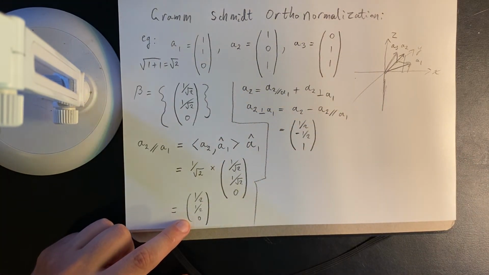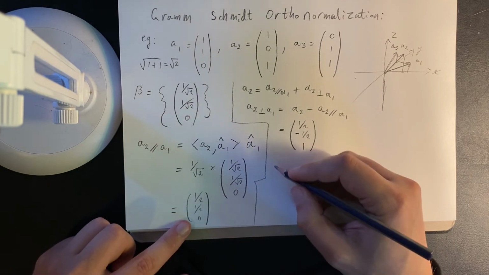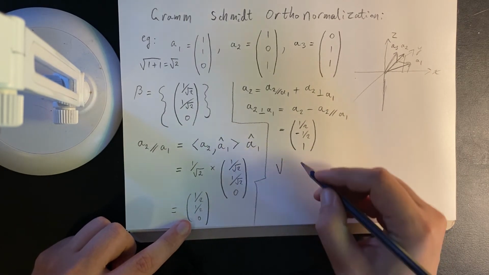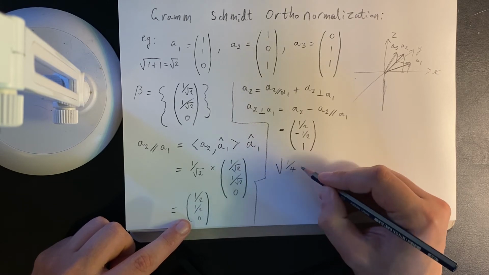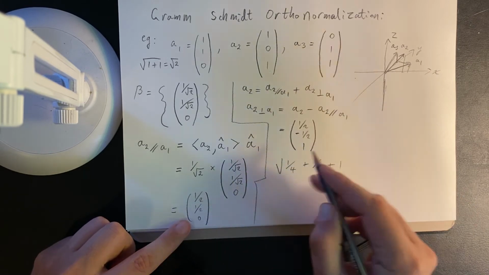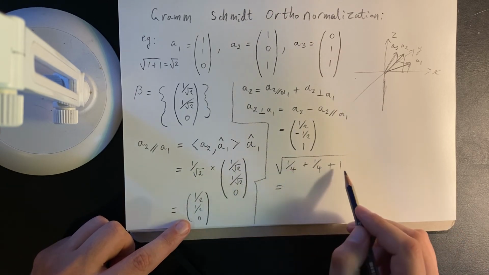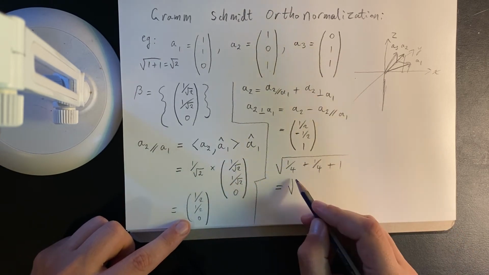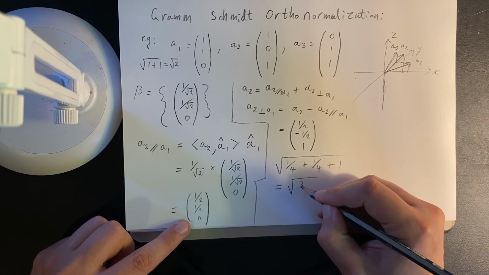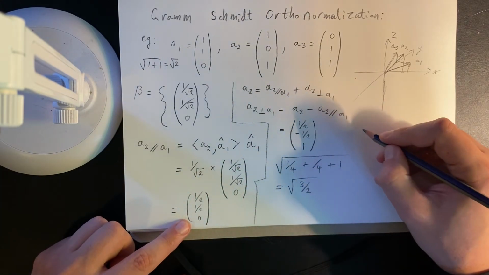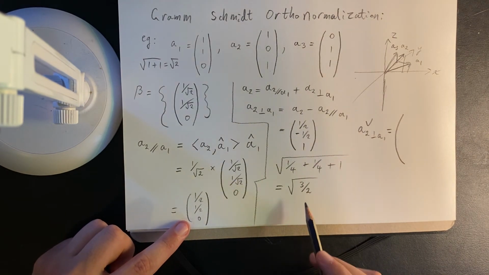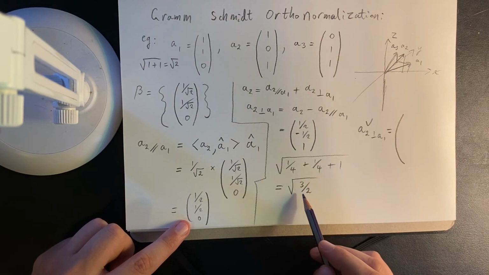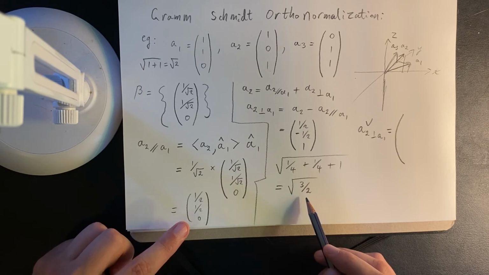Then we need to normalize this. So we square each of the components: 1/2 squared is 1/4, and so on. This is the square root of 1.5. Then we go ahead and divide by this, which means we multiply by root 2 on 3.